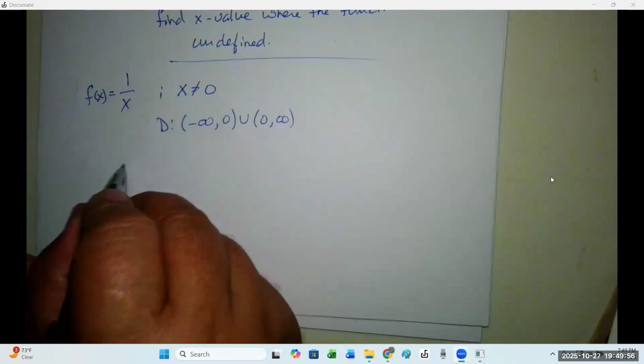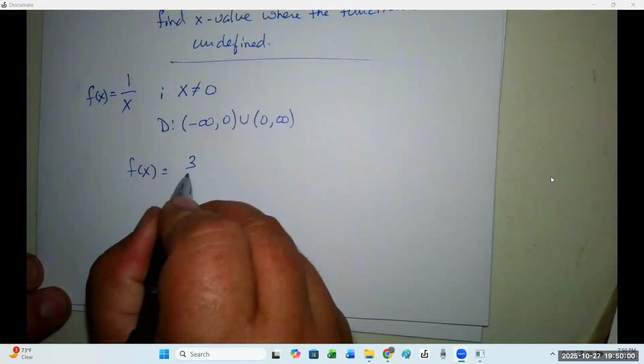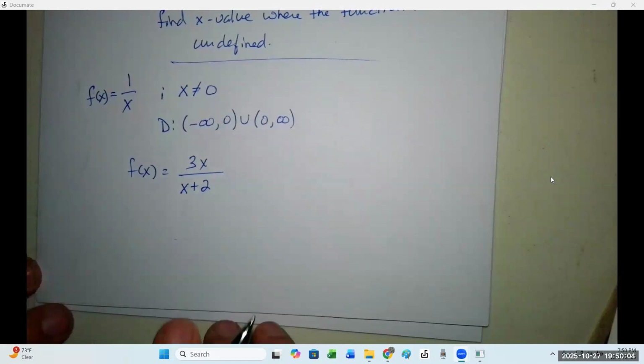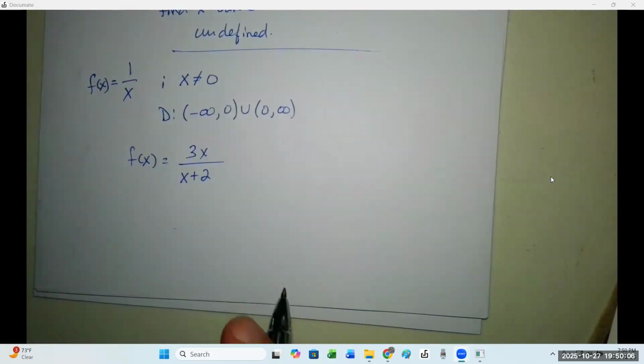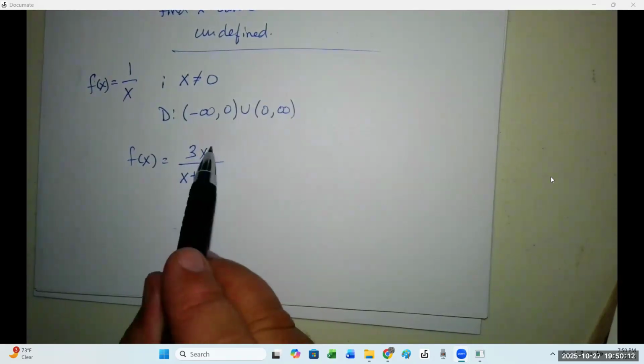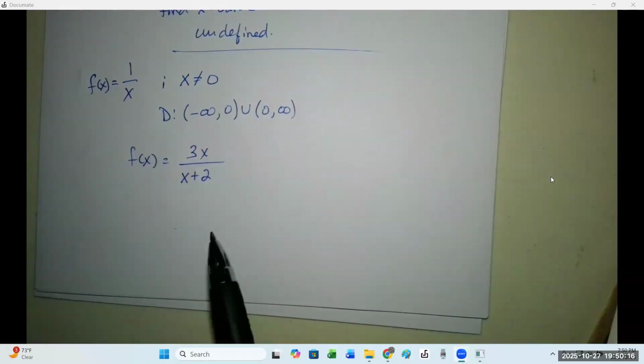Okay, the question is, what if we had f of x equals 3x over x plus 2? Again, it doesn't matter. The top of a fraction can be positive, negative, or 0. So in this case, there's no restriction for it.